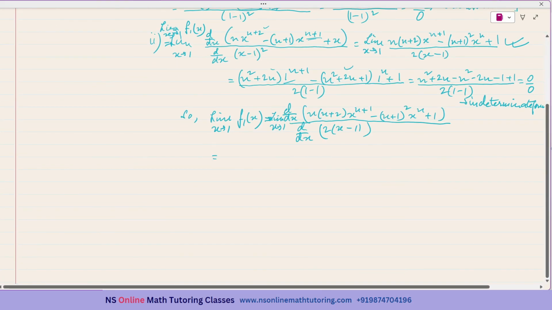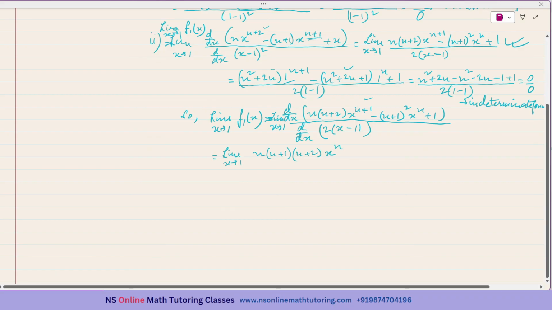So this is limit x tends to 1. Now we have to differentiate this. N plus 1 will be coming down, so it is n times n plus 1 times n plus 2. And in x to the power of n plus 1 minus 1 is x to the power of n.